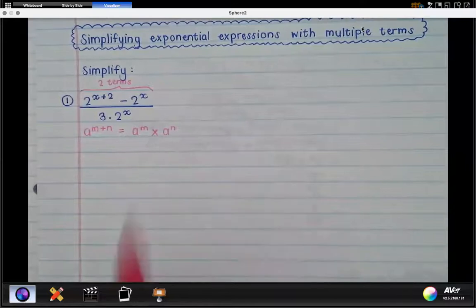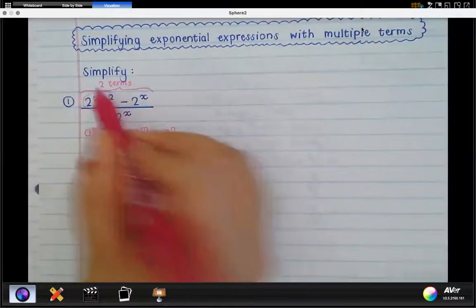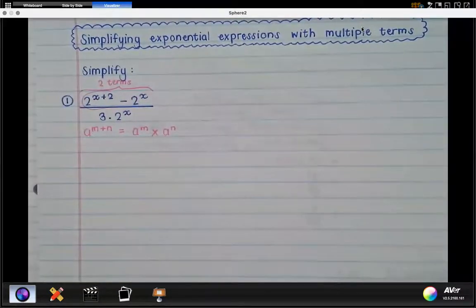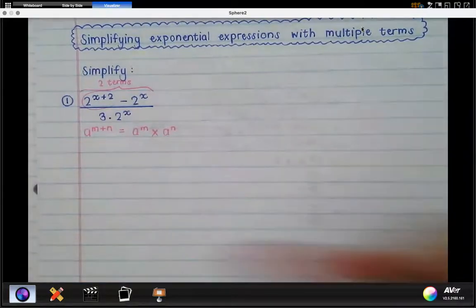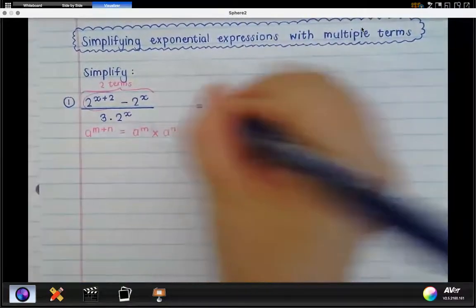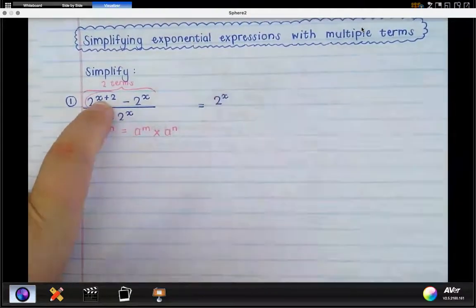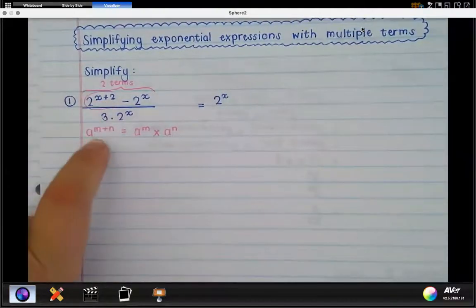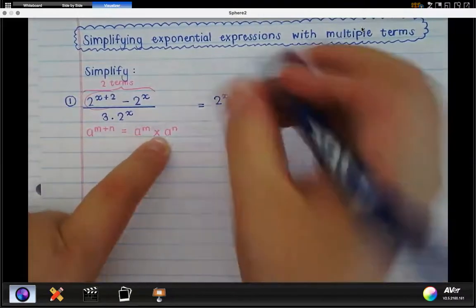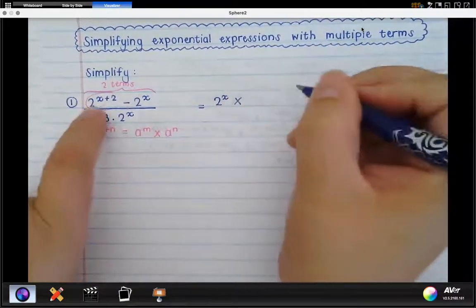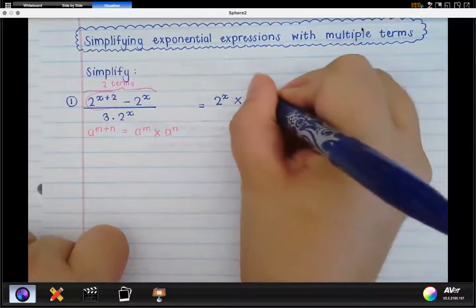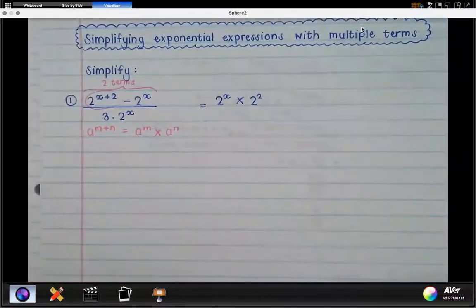All right, and we're going to apply it to this term over there, 2 to the x plus 2. We are going to split that up into 2 to the power of x, that's the first term in the exponent, and then we're going to change it into times another base of 2 to the power of 2, like that.